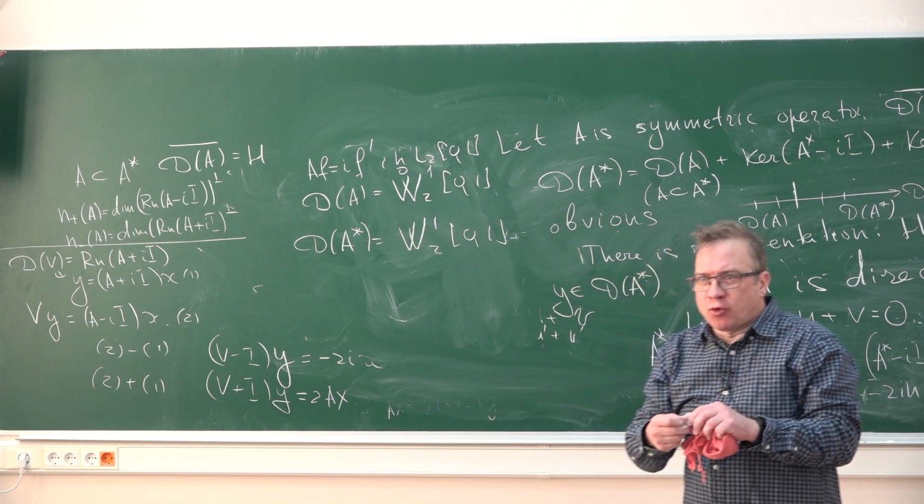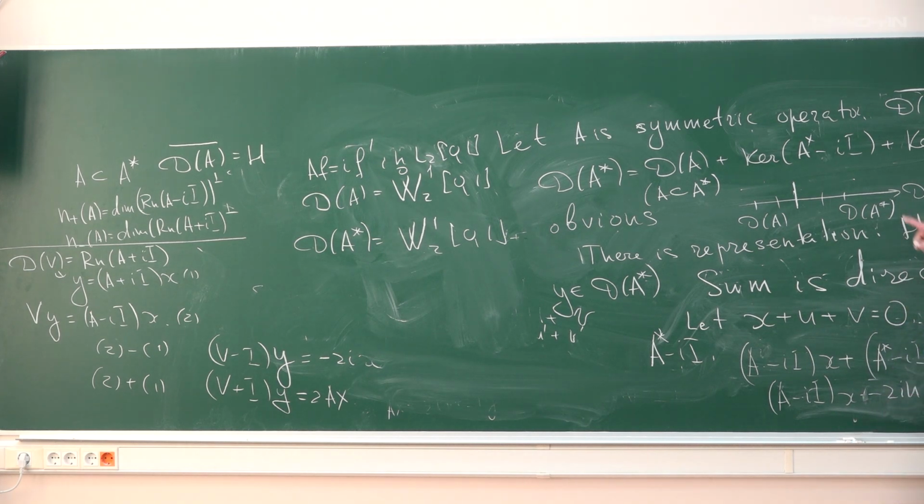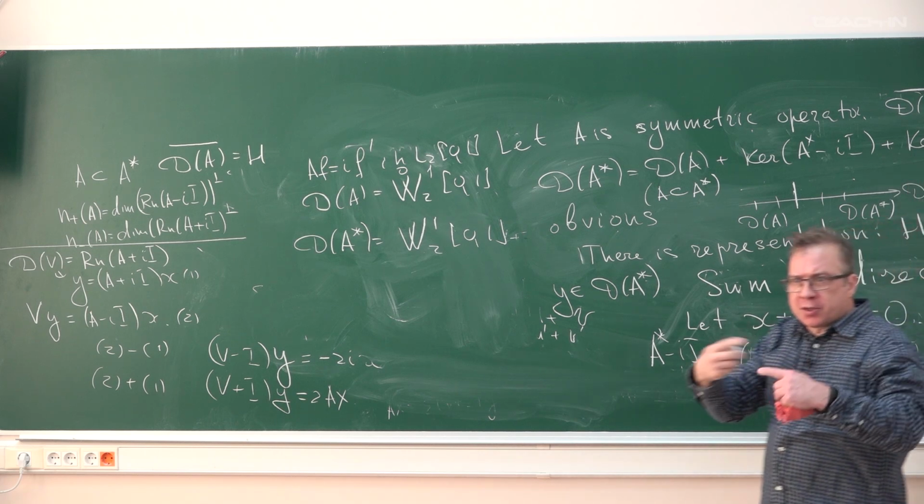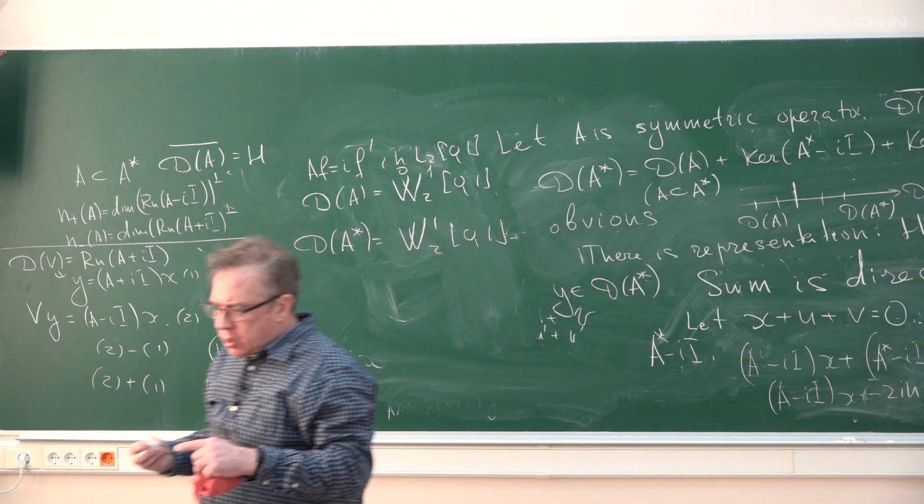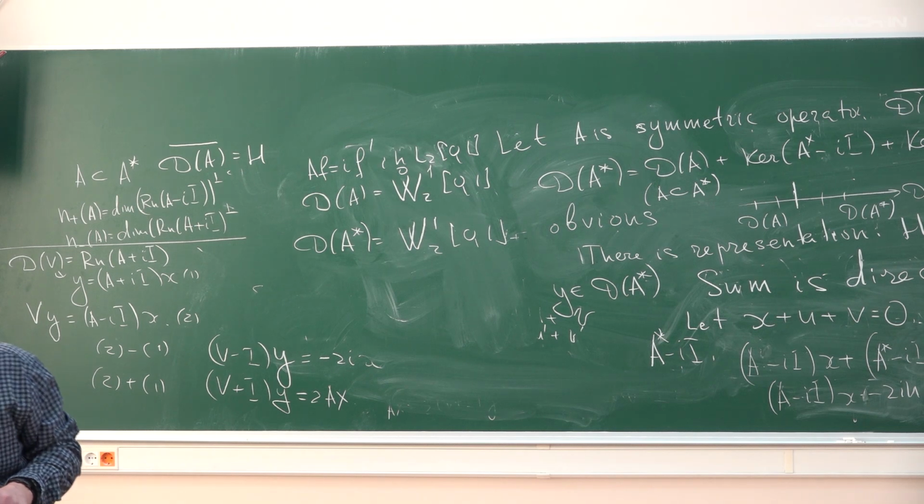And the idea to find the restriction is: here we have the kernel of this, and here the kernel of this. Some connections between these kernels. The idea to construct a self-adjoint extension is something like an interlacing rule with these kernels. Okay?